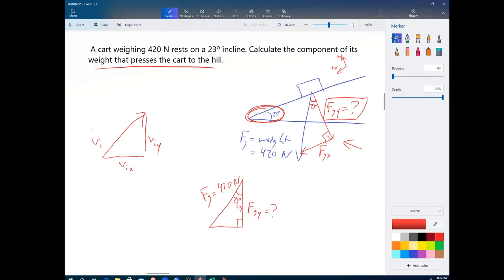So I'm going to need the cosine of my angle equal to the adjacent side over the hypotenuse. Or in other words, cosine of 23 degrees equals FGY over 420. Then solve it like an ogre.